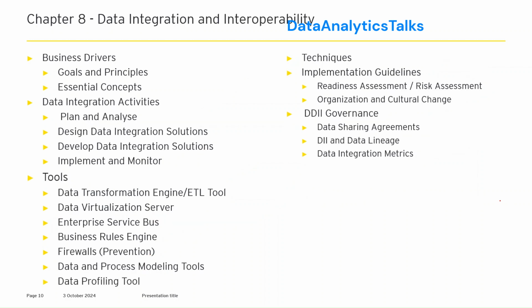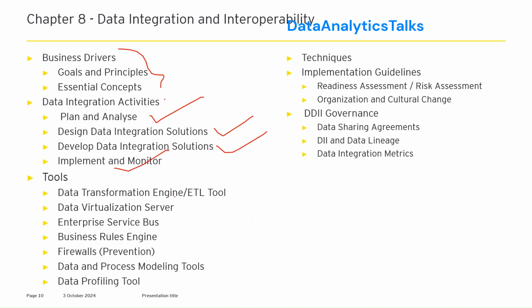So coming to data integration and interoperability, as always, it starts with the goals and principles and essential concepts. Data integration activities like plan and analysis, design data integration solutions, develop data integration solutions, implement and monitor.